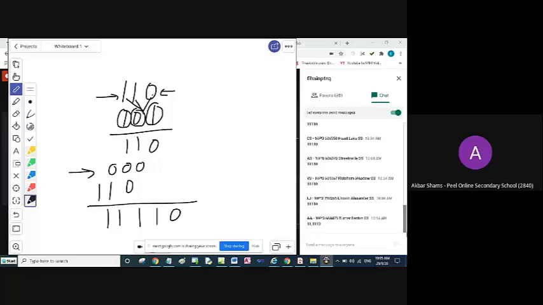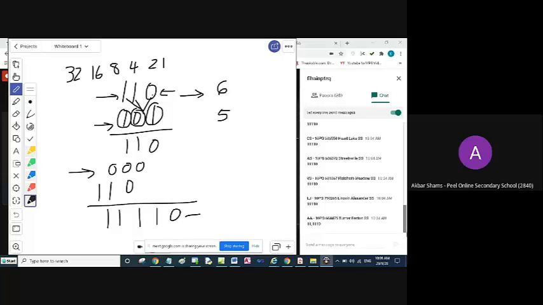Now, you may say, okay, how do I check it? It's very simple. Let's check this one. Remember, the numbers are 1, 2, 4, 8, 16, 32, and so forth. 110 is 2 plus 4, which is 6. 101, this number, is 1 plus 4, which is 5.